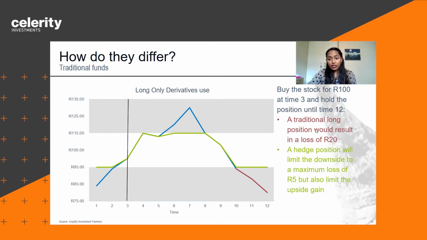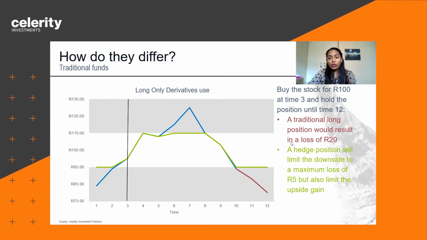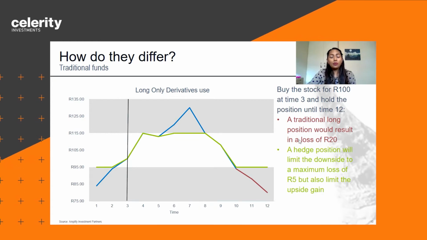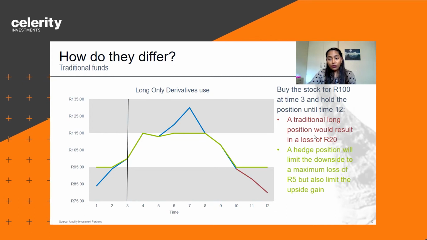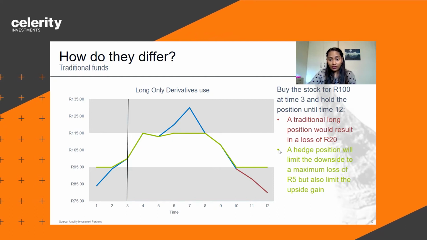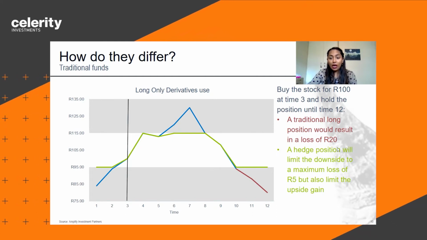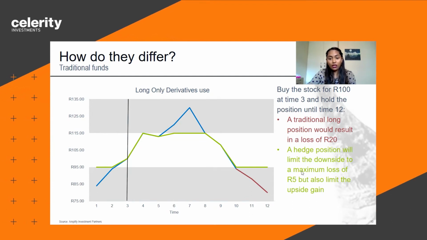He can choose to buy protection to limit his potential downside loss, but this protection will have to be paid for. This usually comes by selling away some of his upside potential. In the case that we see in front of us, the manager has bought derivative protection below the price of 95 rands and paid for it by selling upside potential if the share price ever goes above 115 rand.